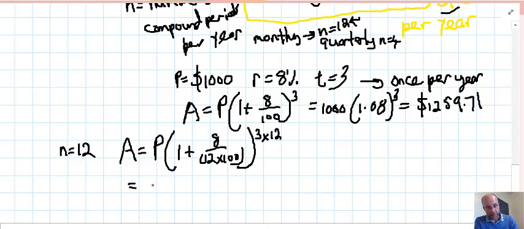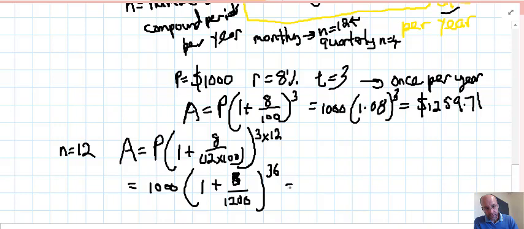So that would be subbing in the 1,000 for the principal. 1 plus 8 over 1,200, to the 36. Okay, we get the calculator and do that.